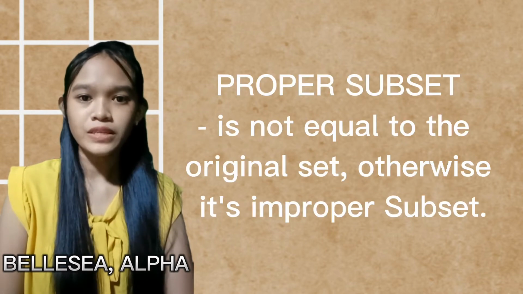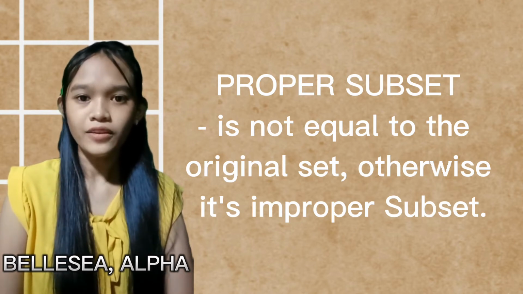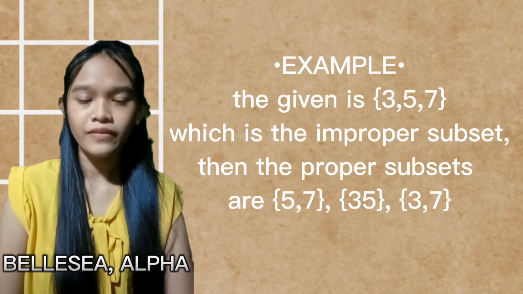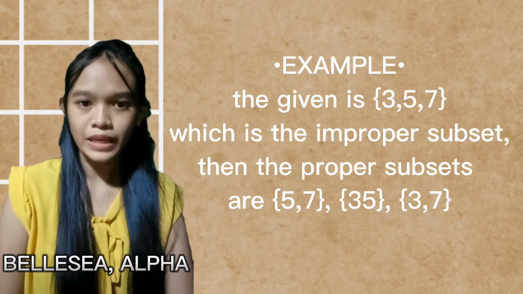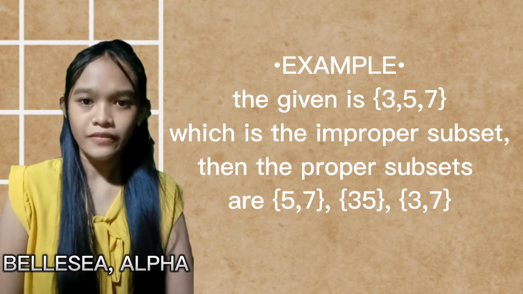Next is proper subset. It is a subset that is not equal to the original set, otherwise it is an improper subset. For example, given {3, 5, 7}, which is the improper subset, the proper subsets are {5, 7}, {3, 5}, and {3, 7}.